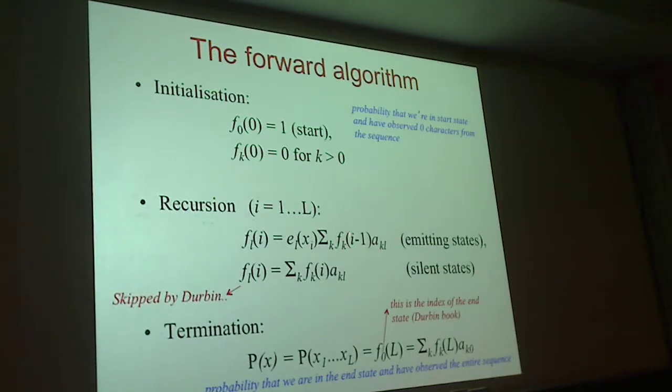This could be thousands of different states. It is more than 3, and times what was their score, times that transition probability from this state K into the state L we're currently in.